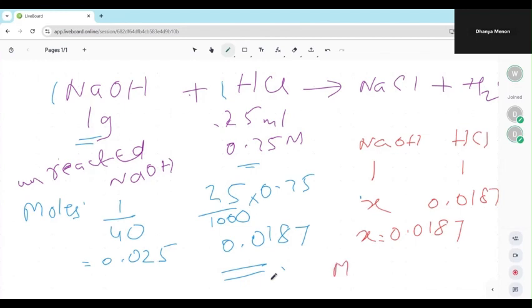So what is the mass of reacted NaOH? Mass is moles times molecular mass.